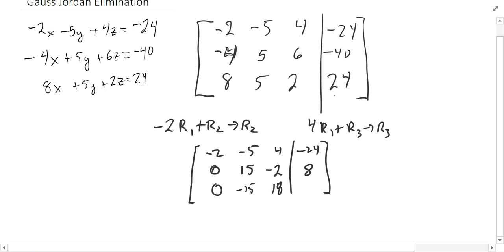And then 4 times negative 24 would be negative 96. I'm going to do this over here on the side. Negative 96 and a positive 24 is going to, let's see, negative 72. So it'll have that down there in that bottom row.